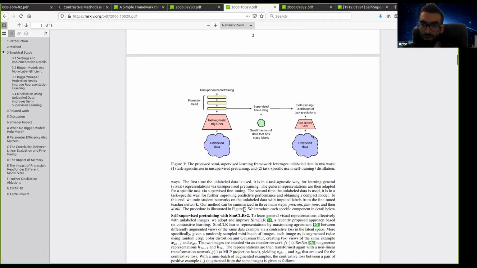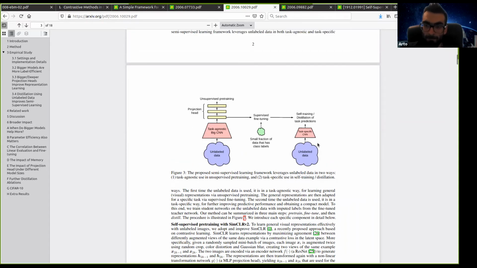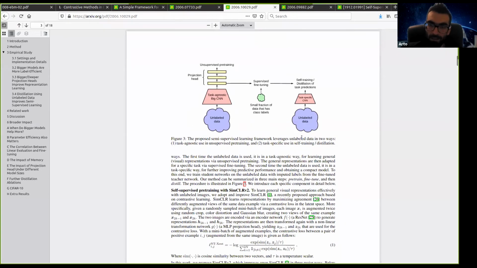And we use the scores as a target for training this distilled or just self-trained version of a model. And they found this teacher-student approach useful here. And yeah, so that's interesting.